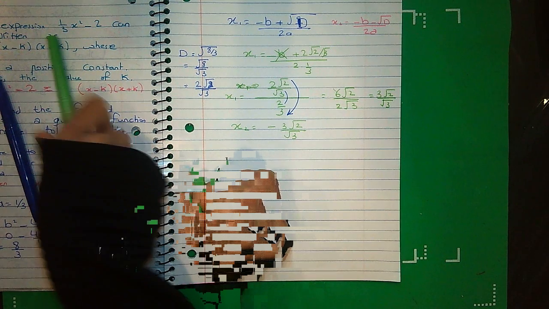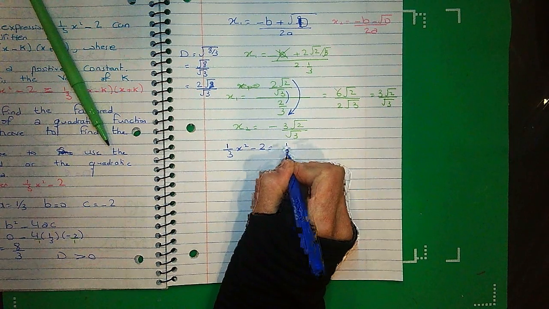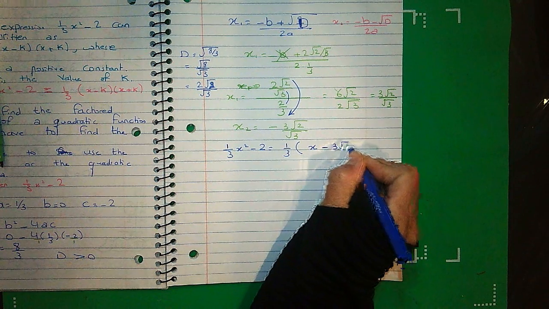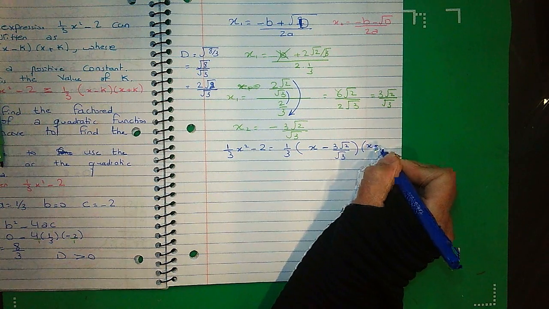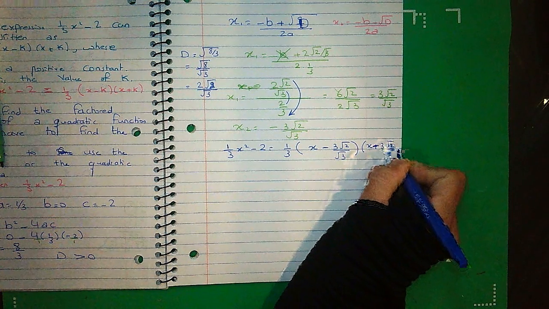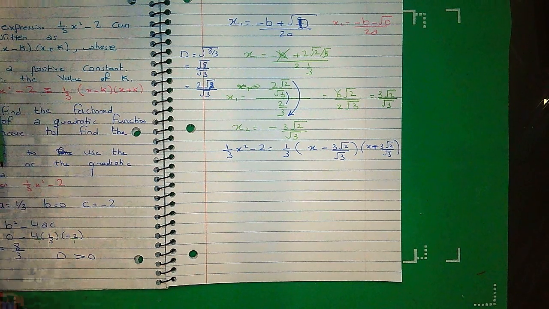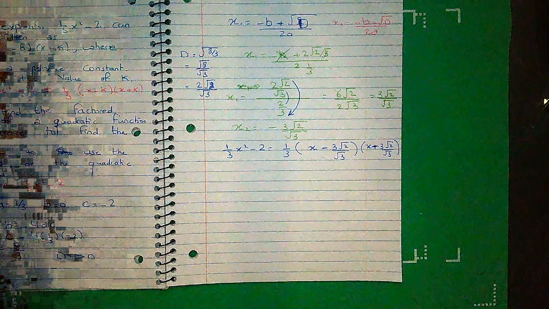So now we can simply say that 1 over 3 x squared minus 2 is equivalent to 1/3 times (x minus 3 square root of 2 over square root of 3)(x plus 3 square root of 2 over square root of 3). I know it's not really hard, but there are a lot of steps to it, and a lot of calculation going on here.